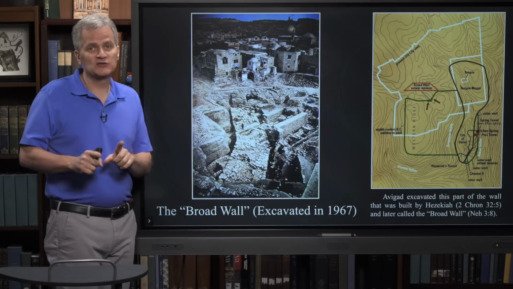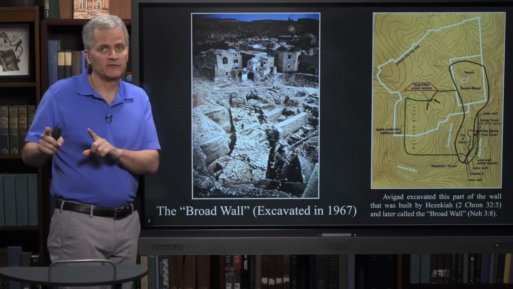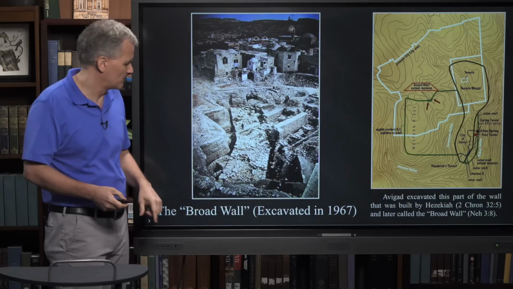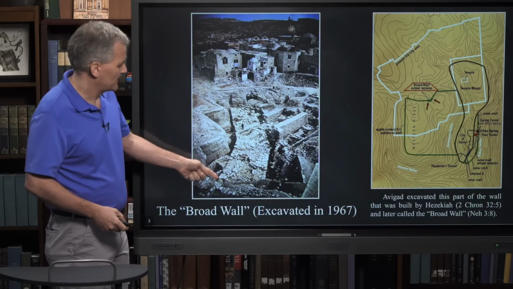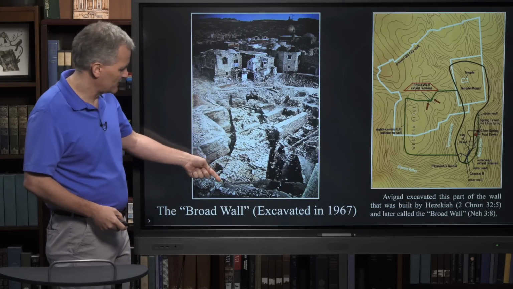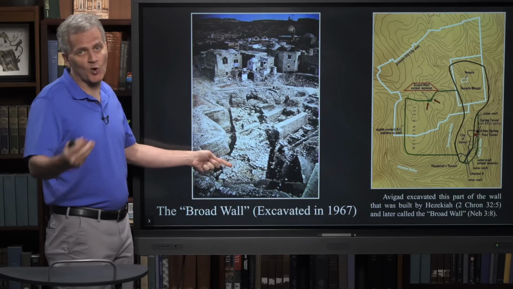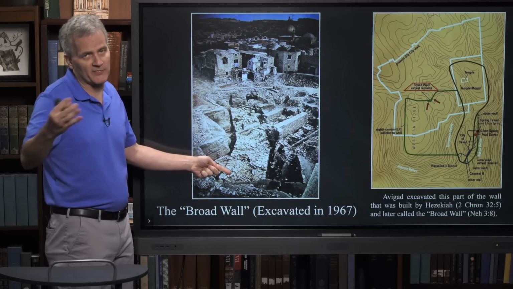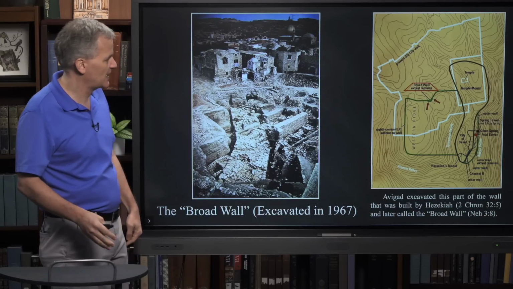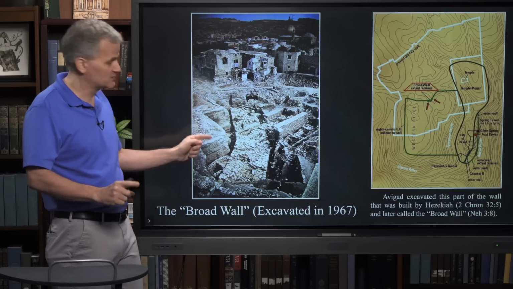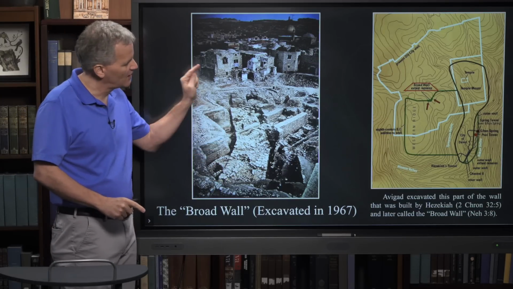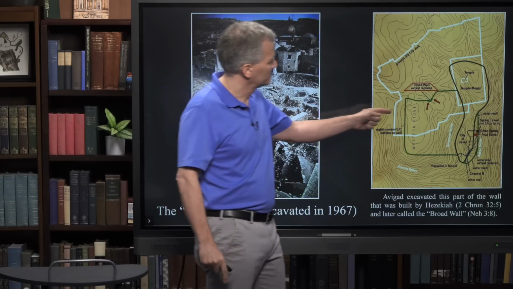There are excavations that show a part of this outer wall. The excavation was done in 1967. This portion of that very wall is known as the Broad Wall, from that time and pretty much until today. You can see where it is on this map over here.